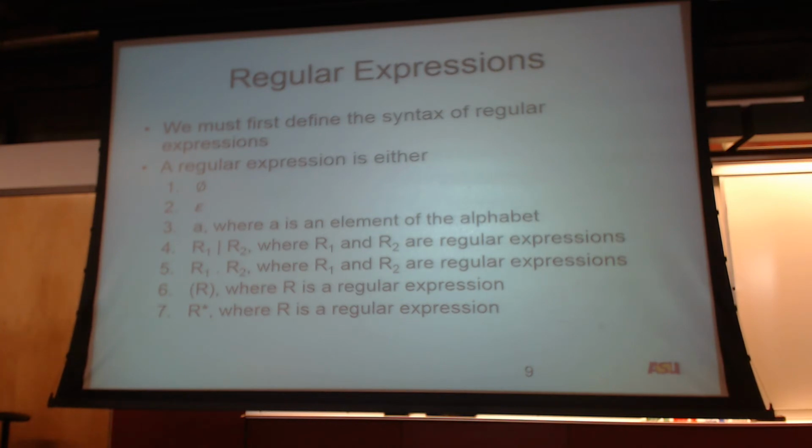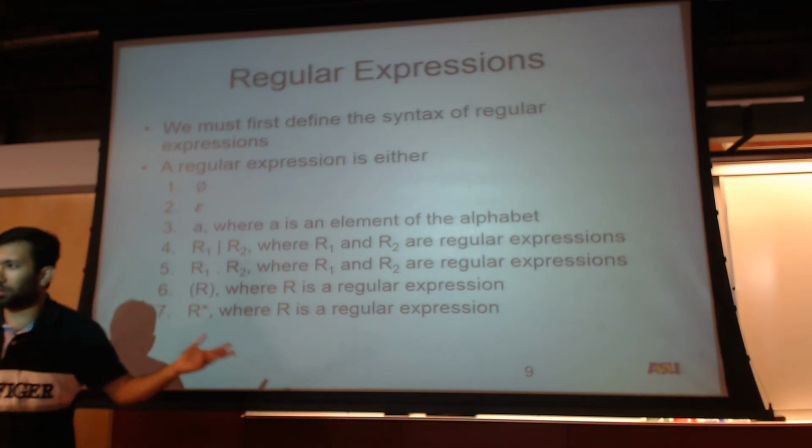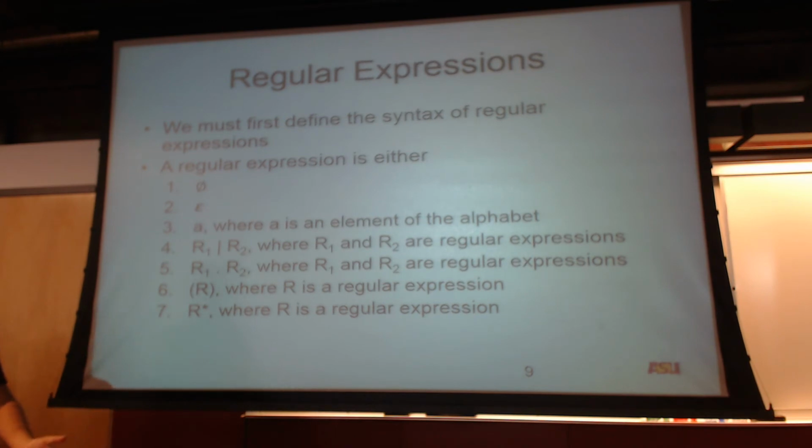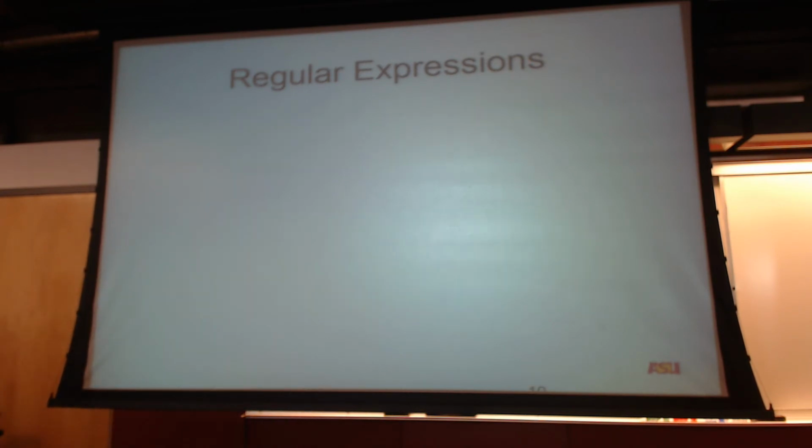These are just strings, combinations of the alphabet, right? So this is a set of strings, and this is a subset of sigma star. Whatever we can do with regular expressions is a subset of sigma star. Any subset of sigma star is a language. So regular expression is a language.